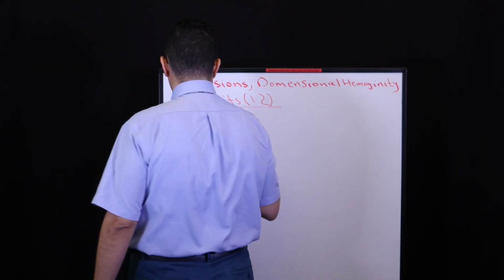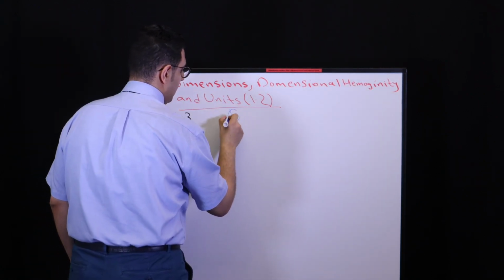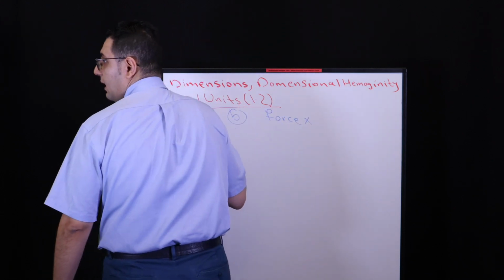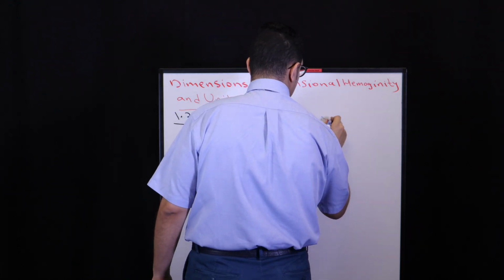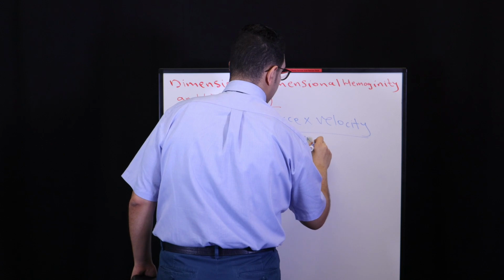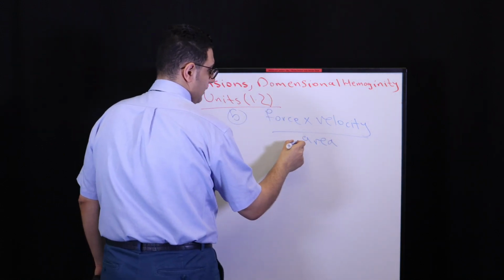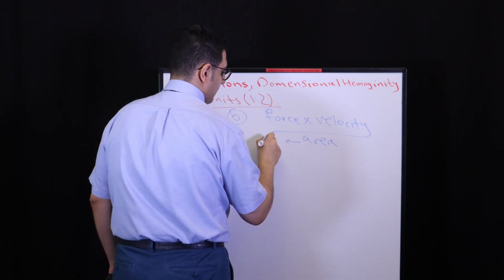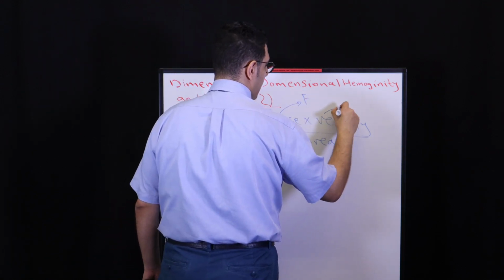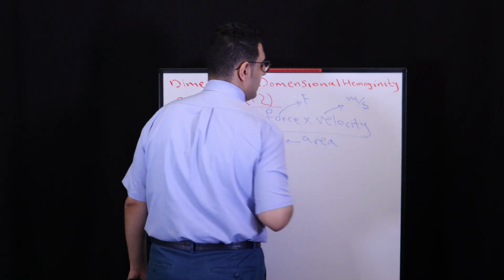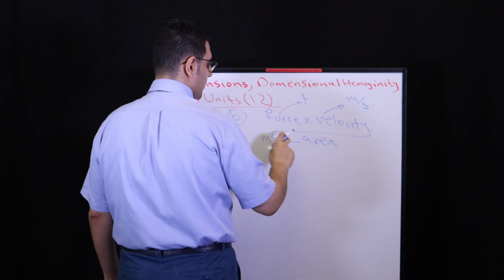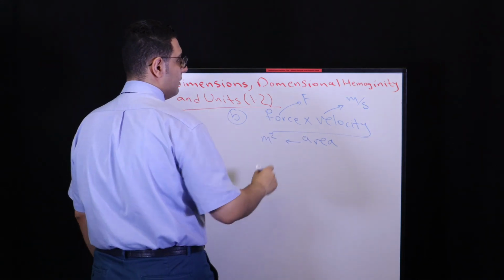For point B, force multiplied by velocity divided by area. Area has the unit of square meters. F is force, and velocity is meter per second.